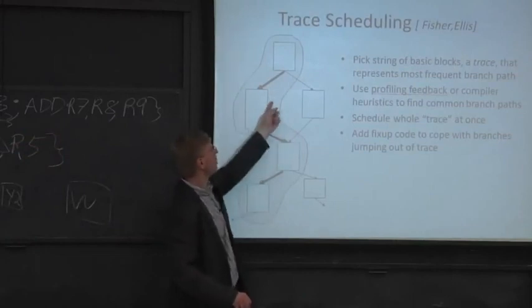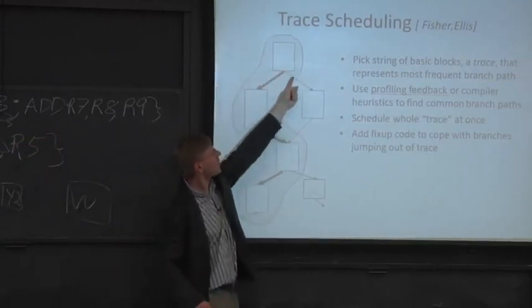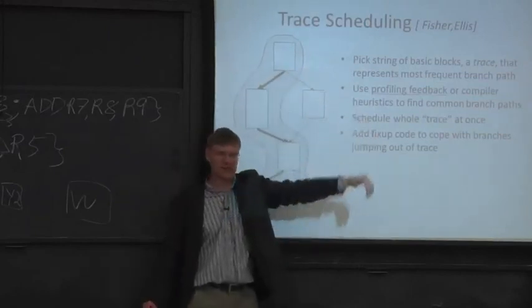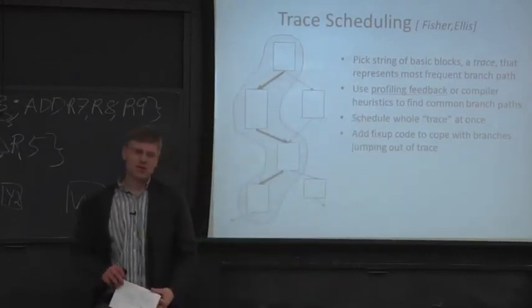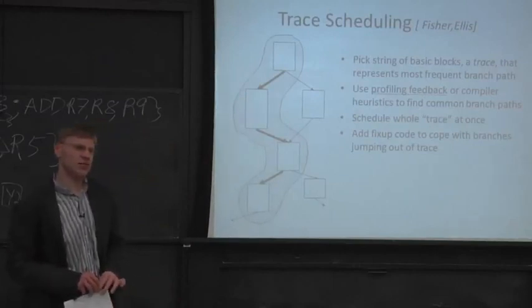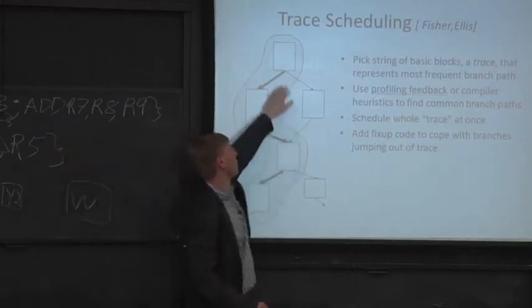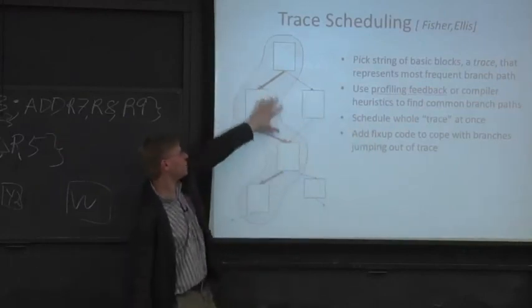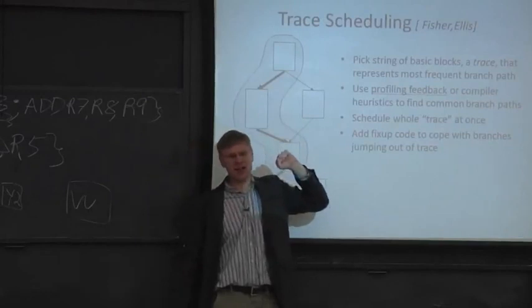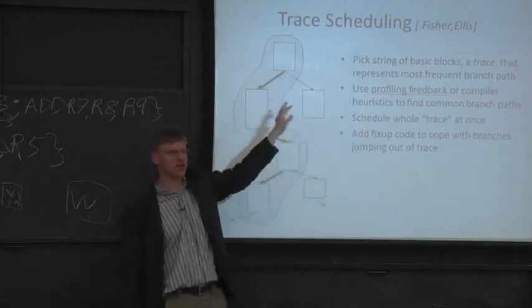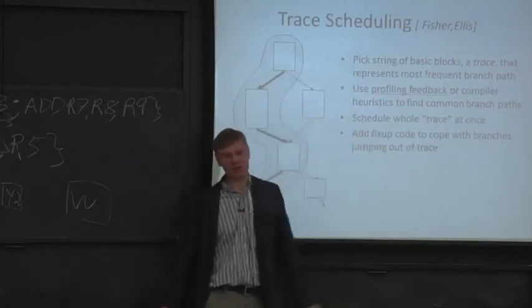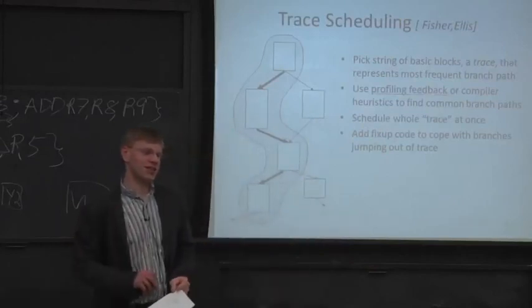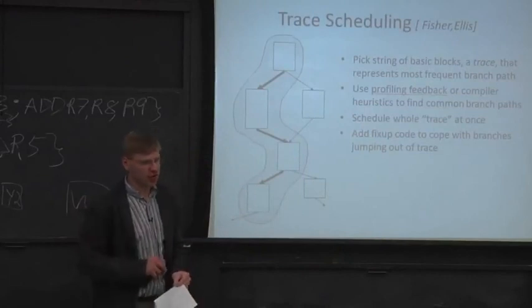But when we do this, we have to be careful, because there's always the possibility that, while unlikely, you can still branch the other way. So typically, the way this is done is you have some form of fix-up code so that if you branch away, you have to fix up anything that was after the branch that made a committed change to the processor state. You need to roll that back somehow. So we're basically doing in software the rollback case from our out-of-order superscalar.